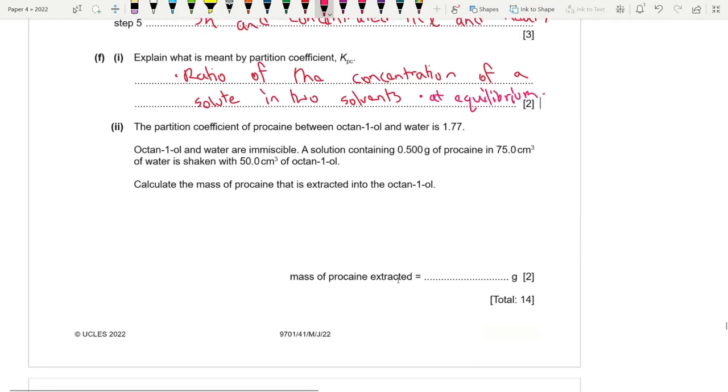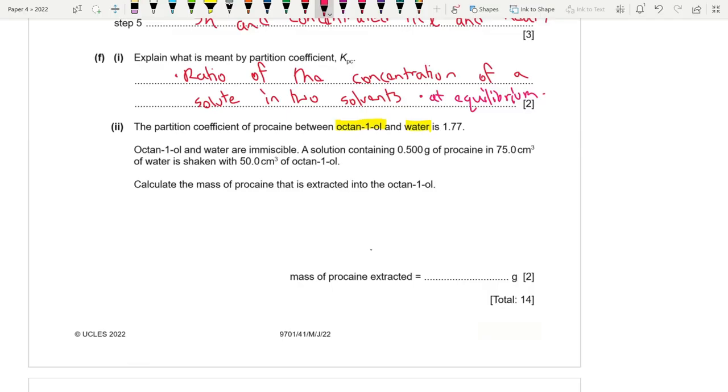Now we had a math on partition coefficient. So the partition coefficient of procaine between octane 1-ol and water is 1.77. So procaine in water and in aqueous conditions and in octane 1-ol. So remember the trick. The name that they mentioned first goes to the numerator. So octane 1-ol is the numerator. Octane 1-ol and water are immiscible.